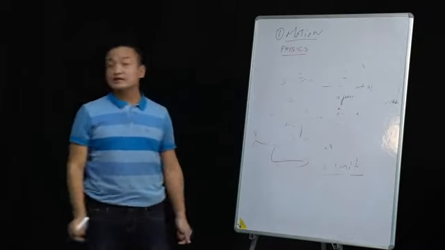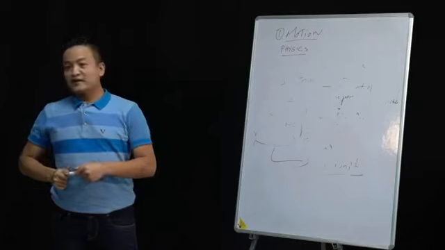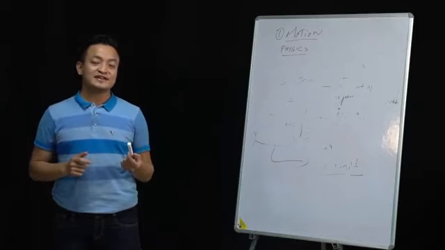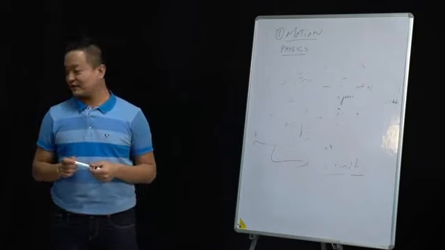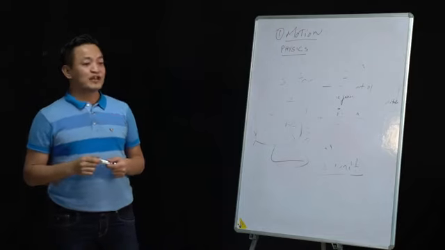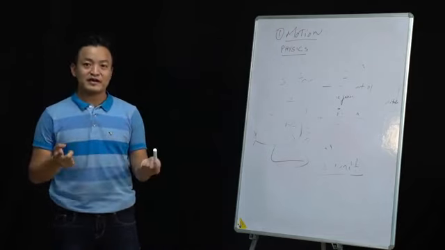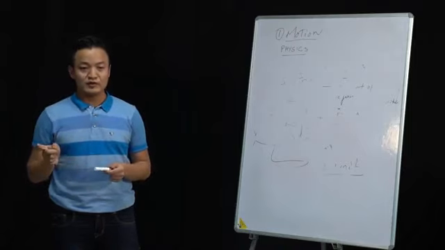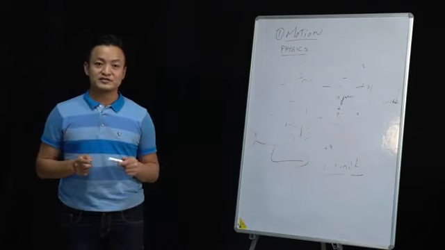So the first thing, what is motion? Motion is anything that changes its position with respect to time. Clear? I will give an example. Right now, as you all know, time and tide wait for none. Clear? So now, the time is already moving, but I'm not changing my position.